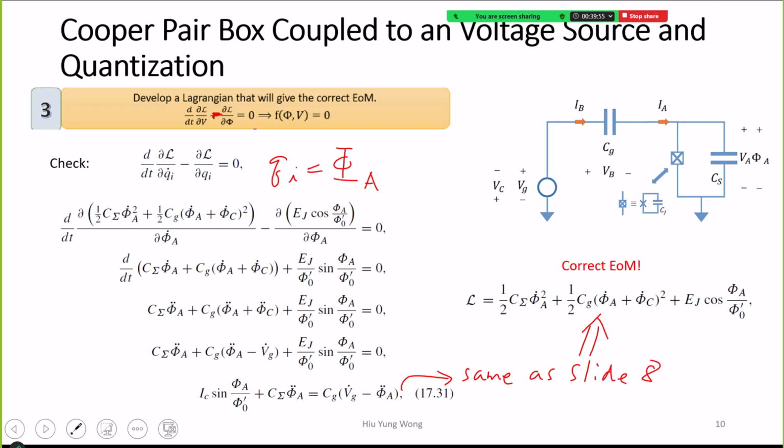But in a very complicated system, you need to be very careful. You need to know the equation of motion and then guess the Lagrangian and then verify it. Because you might not know the equation of motion and you get it wrong, because those capacitors are connected in very sophisticated ways. So you need to verify.